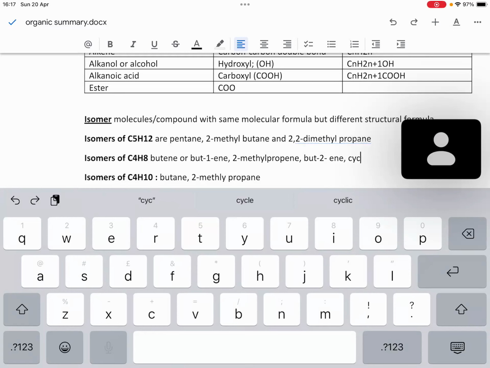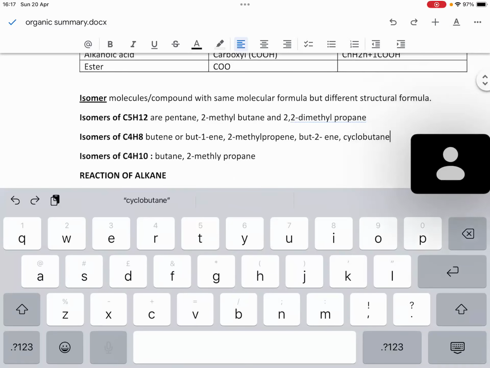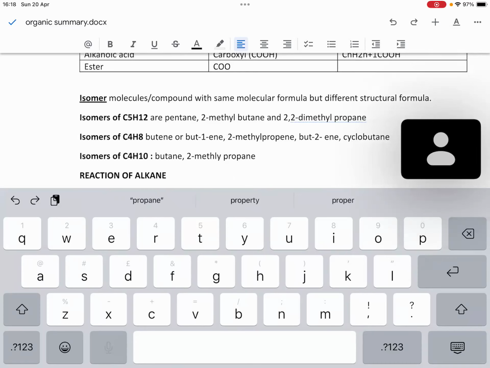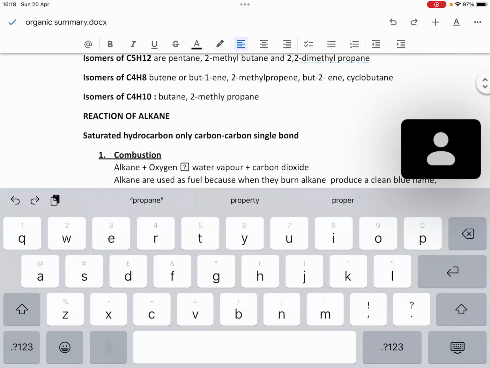Those who come here on Sunday are supposed to know this. Cyclobutane is also the 4th isomer. So isomers of C4H10 are butane and 2-methyl propane.